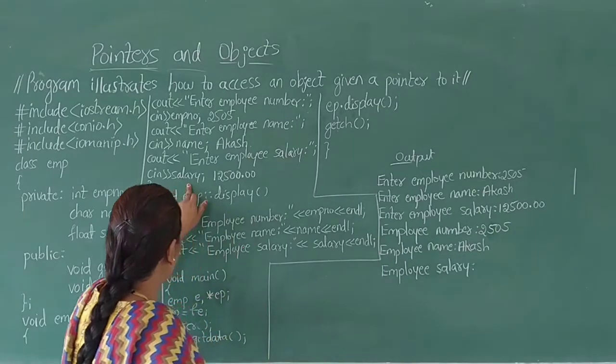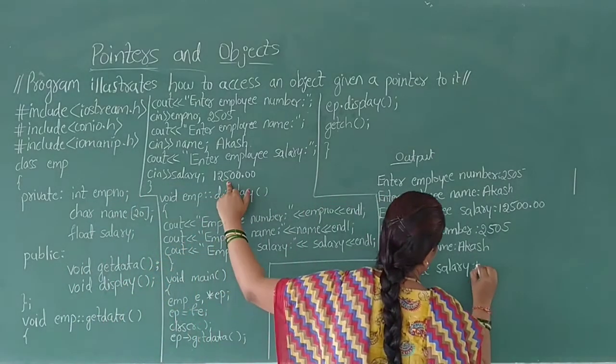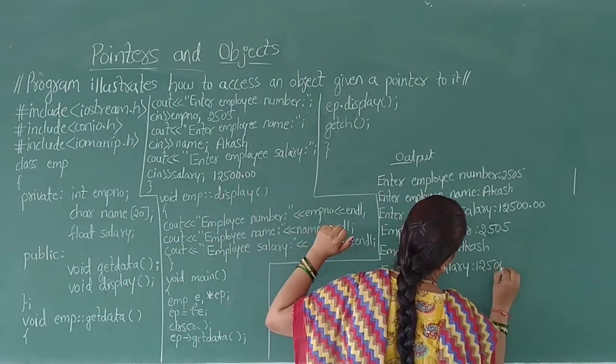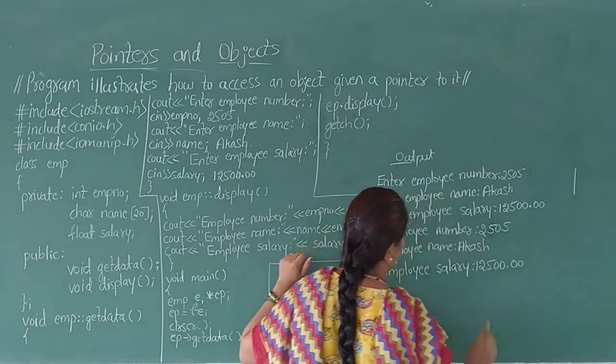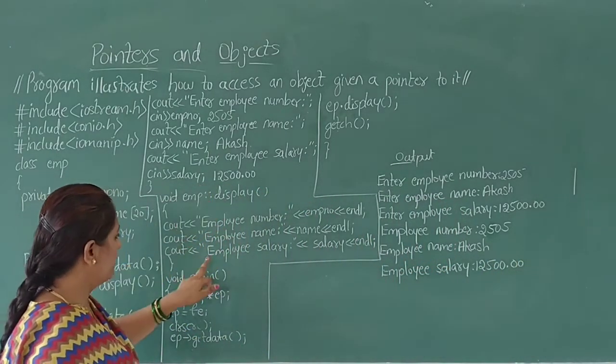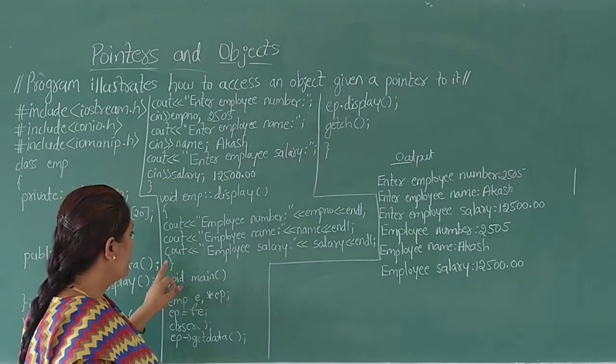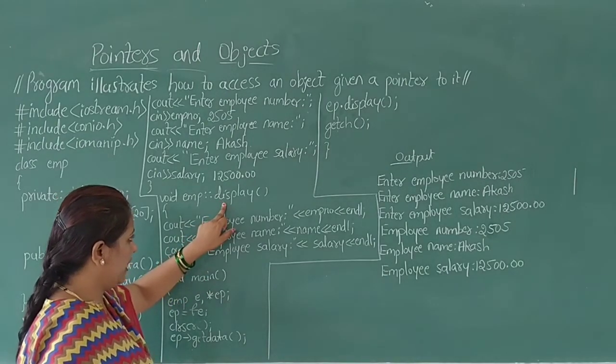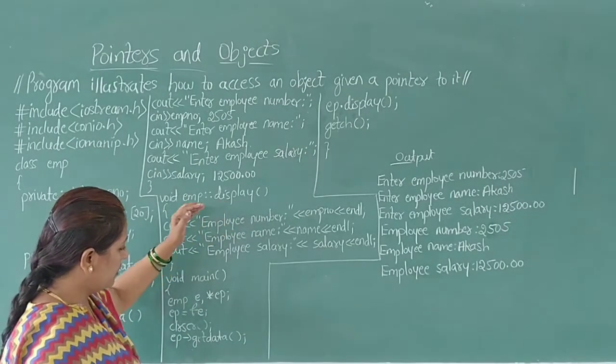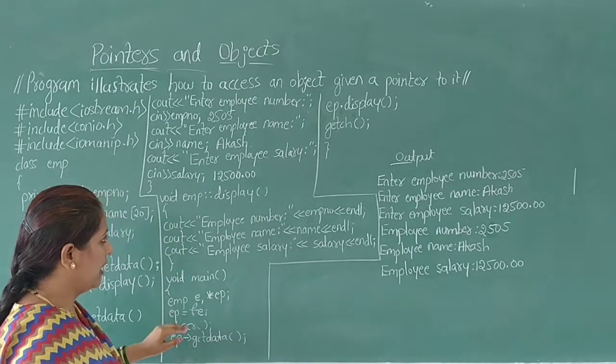Okay, the salary value is 12,500.0. Then it ends the execution of the display member function and the control statement returns to the main function.